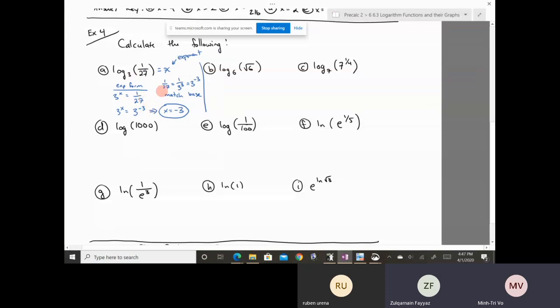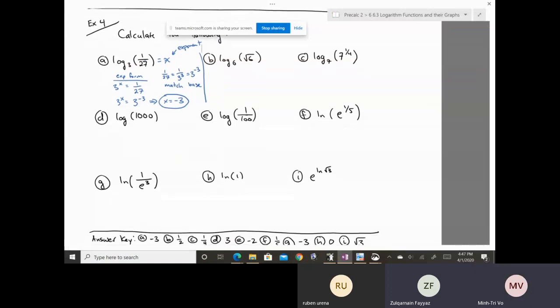The method of figuring out what x is now is called matching the base. I want to write 1/27 in terms of base 3. So you think about how to do that.